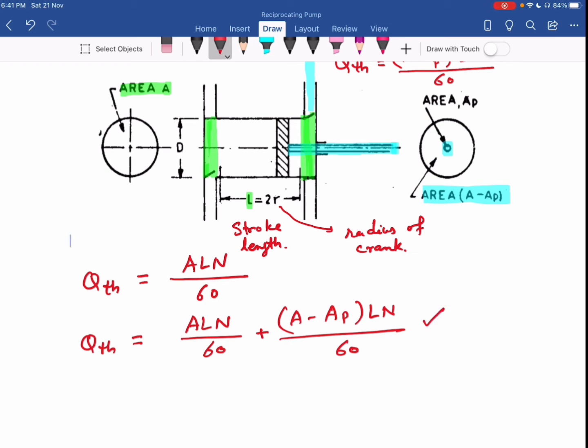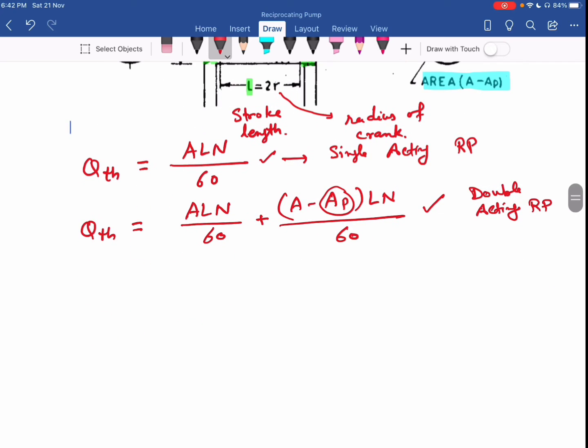This is the formula for single acting, and this is for double acting reciprocating pump. If I neglect the area of the piston rod, that is AP, then the discharge per second is approximately equal to 2ALN divided by 60. So the discharge of a double acting reciprocating pump is twice that of a single acting pump.